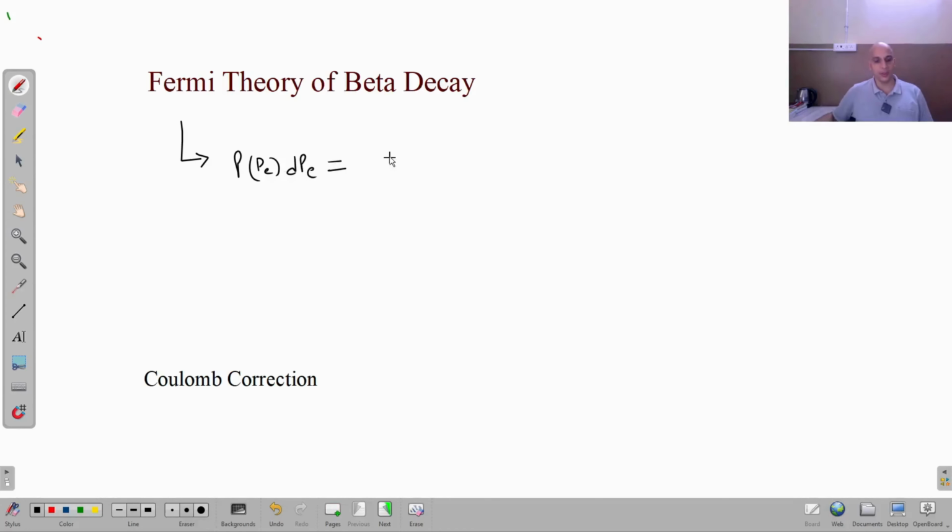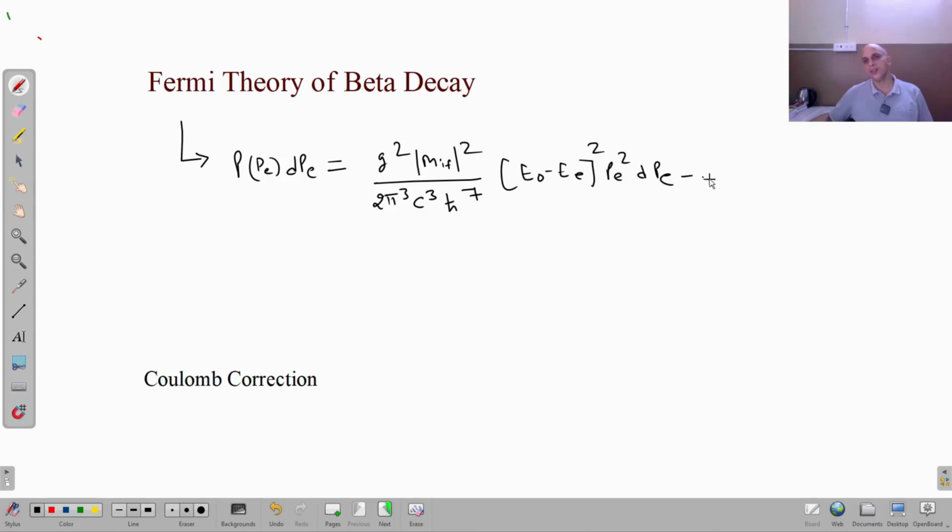That expression was G squared |M_if| whole squared divided by 2π³ c³ ħ⁷ into (E₀ − E_e) whole squared Pe² dPe. And this is equation number 1.